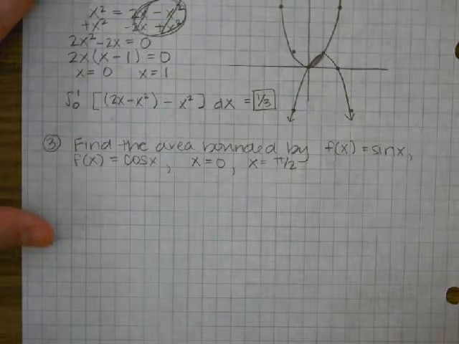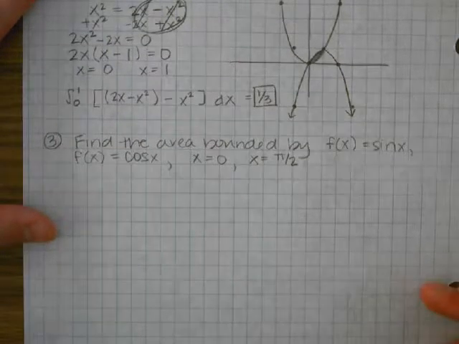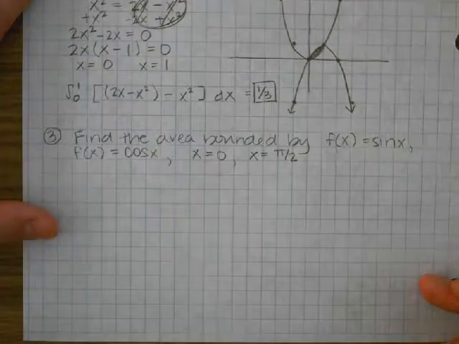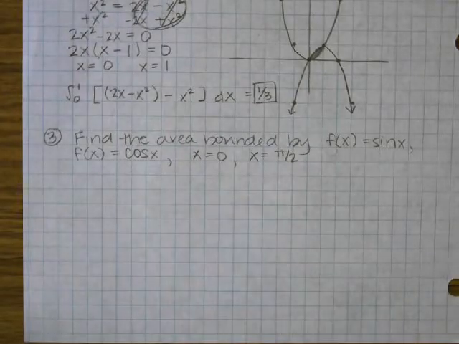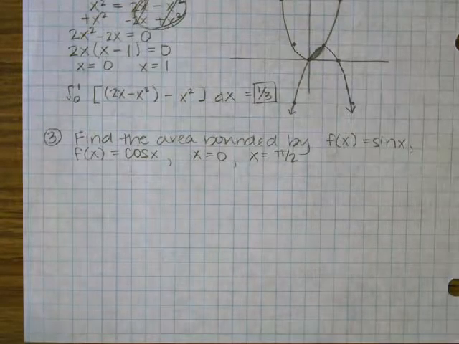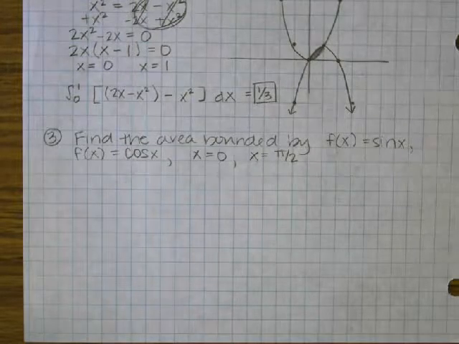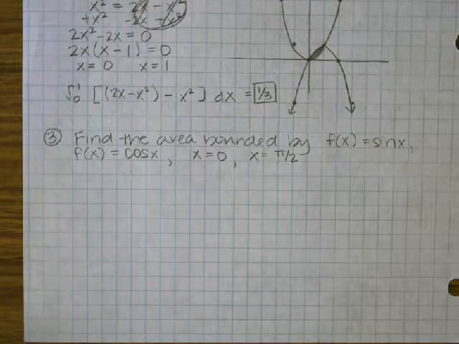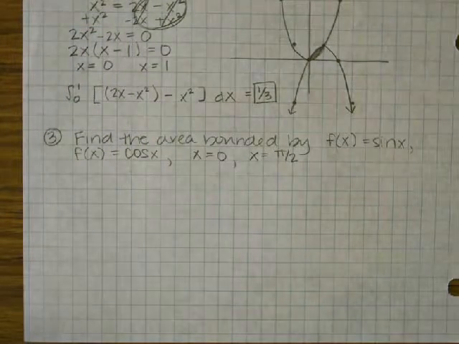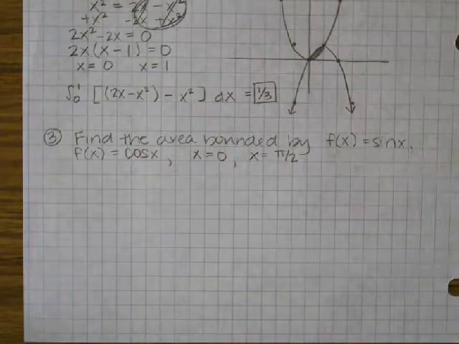So find the area bounded by f of x equals sine x, f of x equals cos x, x equals 0, x equals pi halves.